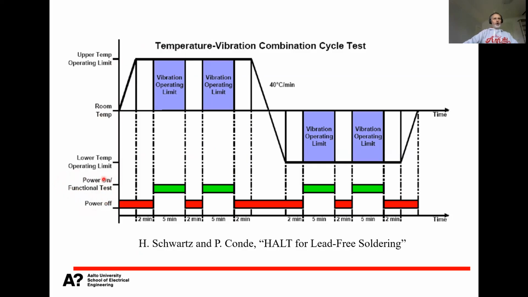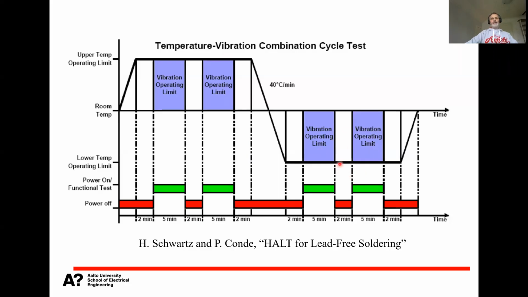When the power is on, you can do the functional testing. The idea would be that when you have reached the upper temperature and the vibration is on, you do the measurement, then you keep it there for a certain amount of time, you do a measurement again, then you go down to the temperature, you do the operational measuring, so functional test, and again.